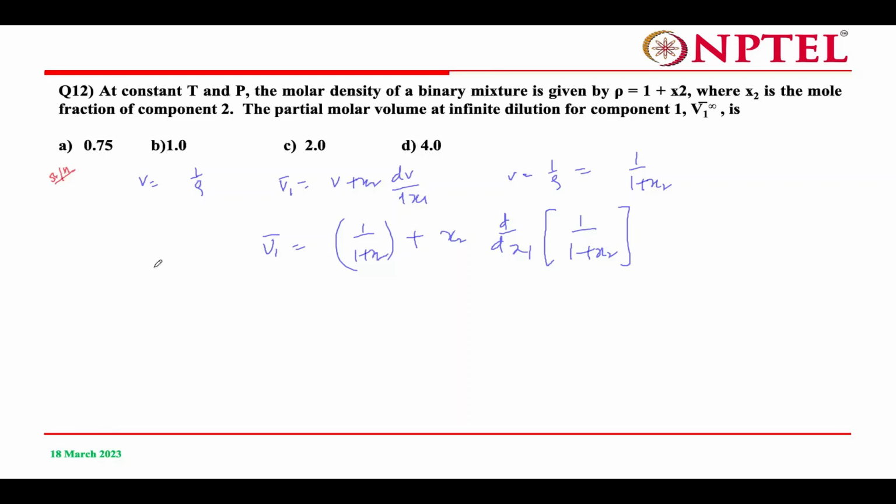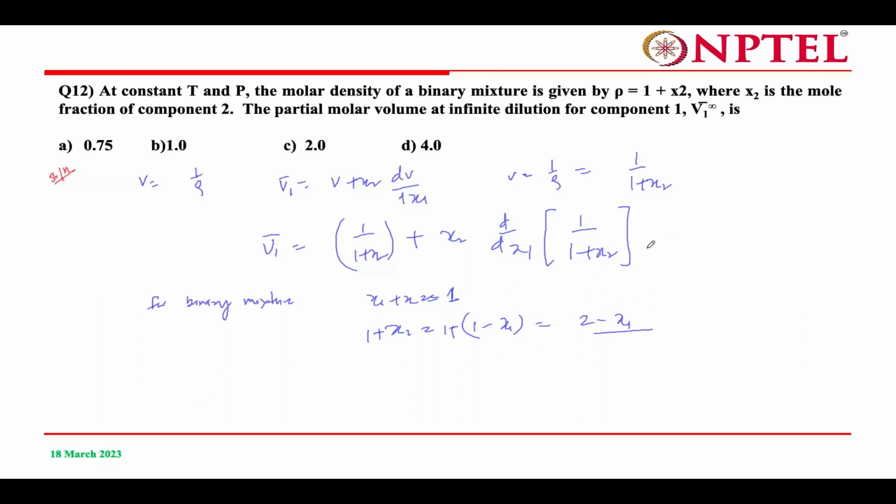So for a binary mixture, X1 plus X2 is equal to 1, right. So X2 is equal to 1 minus X1. So 1 plus X2 is 2 minus X1, right.